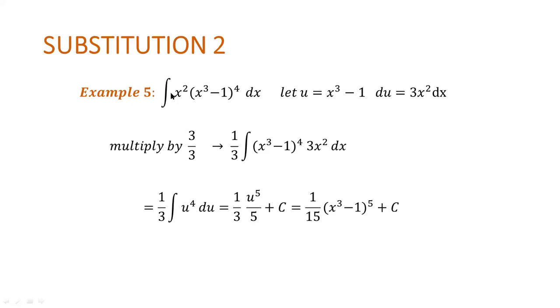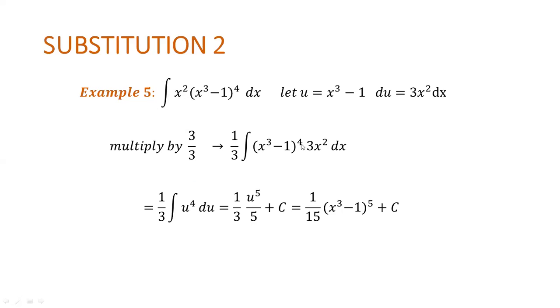It only lacks a 3 in here to make it complete. So the derivative of your u, which is x cubed minus 1, is 3x squared dx. So you need to assign a 3 here so that you do not change anything. You place a 1/3 outside the integral, just like multiplying the original expression by 3 over 3. So 1/3, and then you have the complete integrand, which you can use the power rule on.